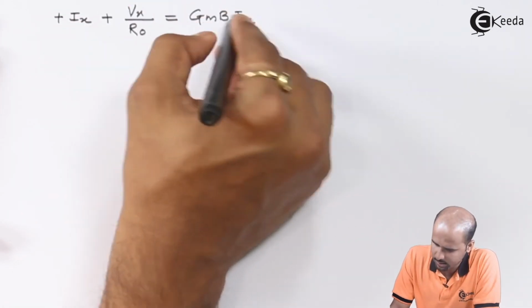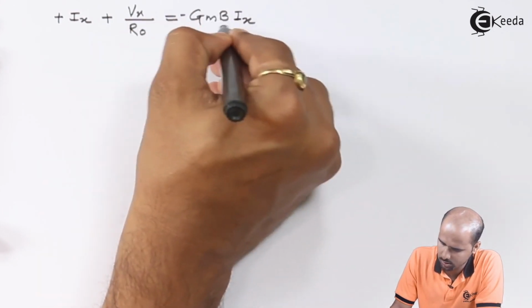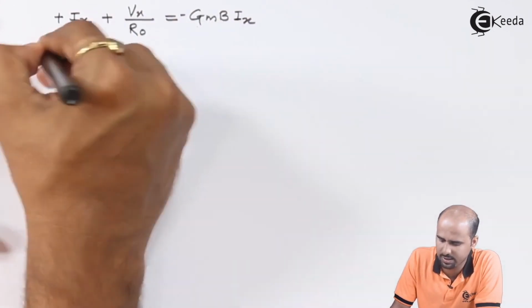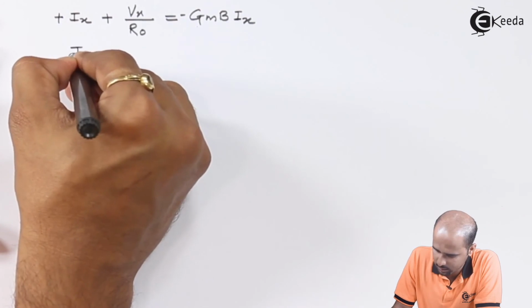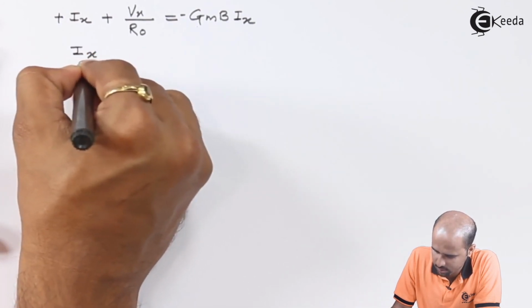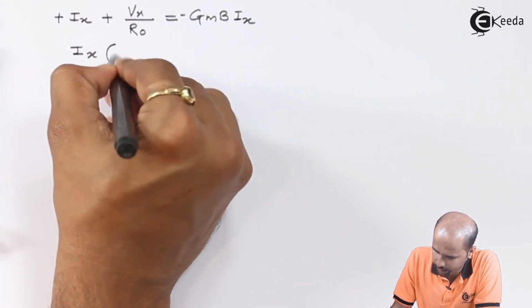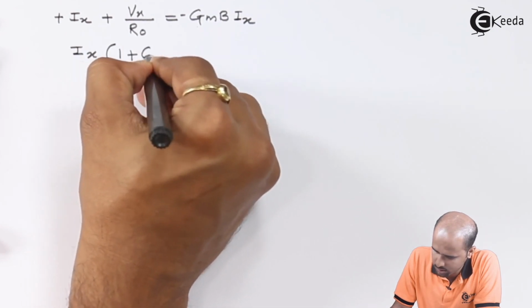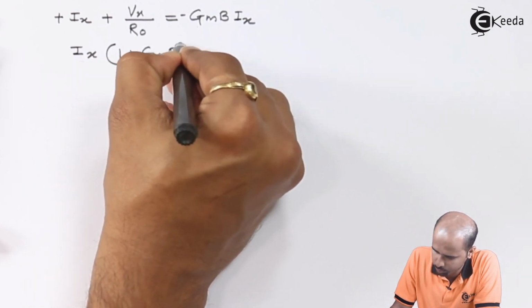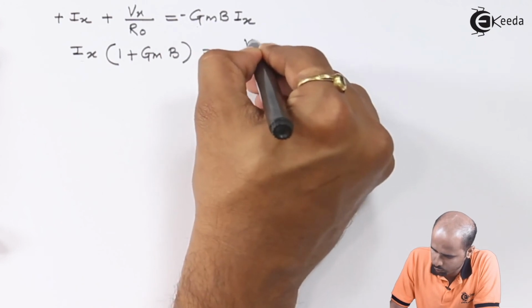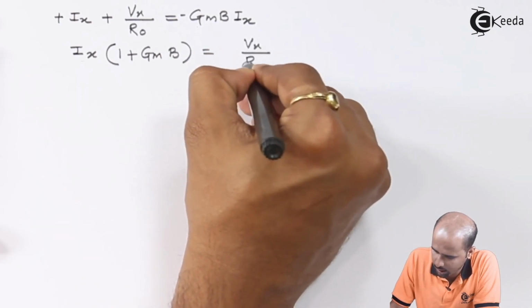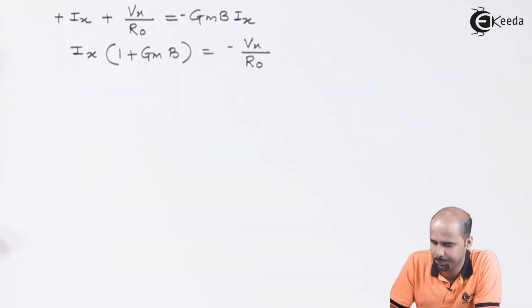So let's take this Gm, B and Ix at this side. We'll be getting Ix in bracket 1 plus Gm into B is equal to Vx divided by Ro with minus sign.